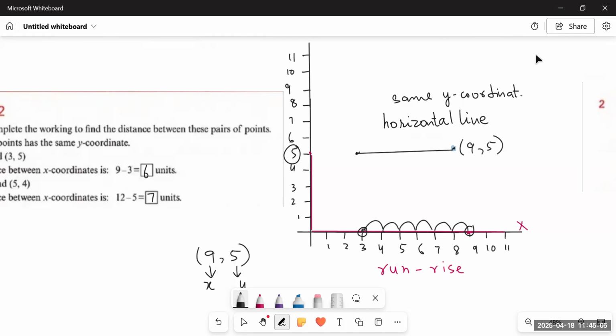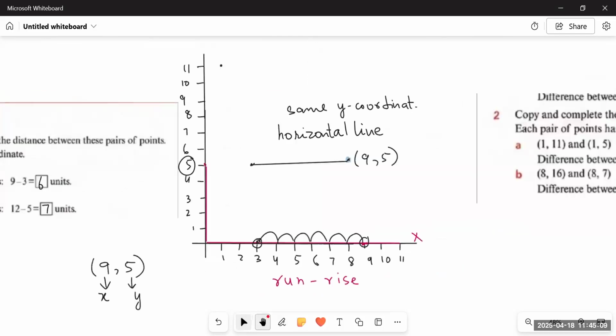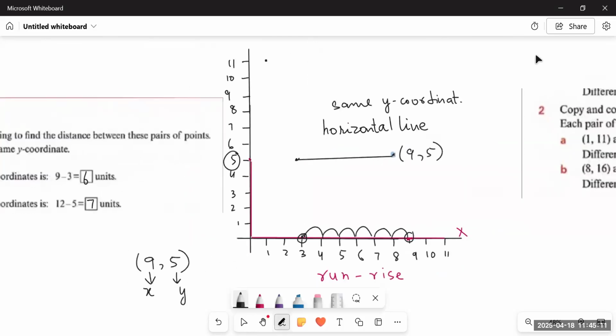So 1, 11 would be over here. And the second point, 1, 5, would come over here. Now, when we join these 2 points, we will find that it is a vertical line.